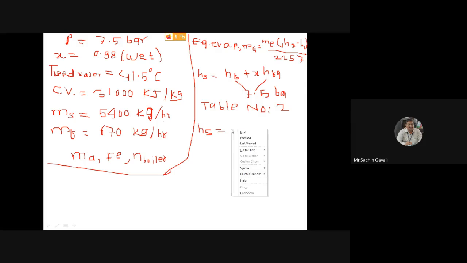For table number 2, take the average of 7.4 and 7.6 and write HF. How much is HF, Kunal? Sir, HF is 709.3. Okay, 709.3, correct? Plus 0.98 into HFG. How much is HFG?